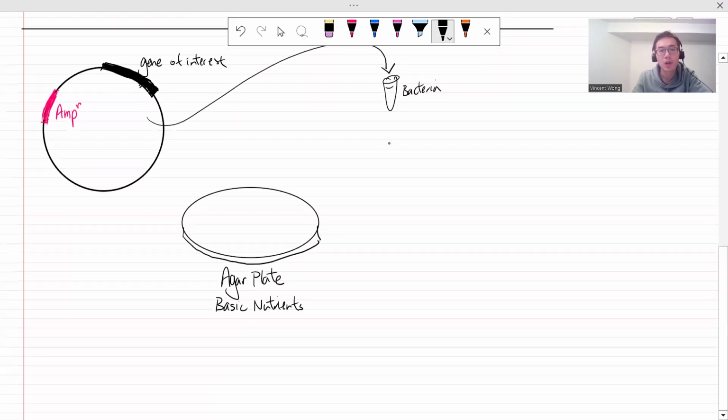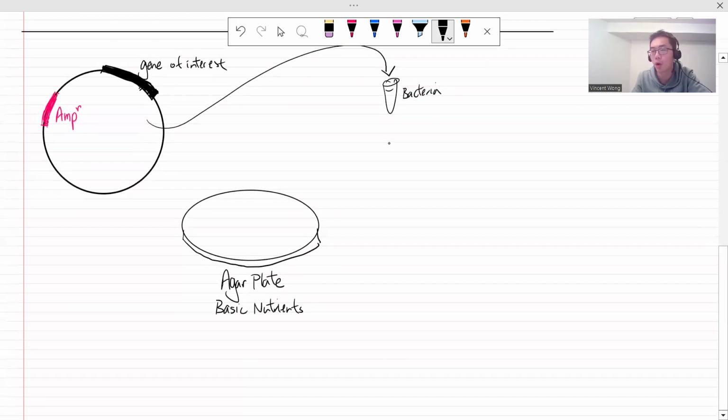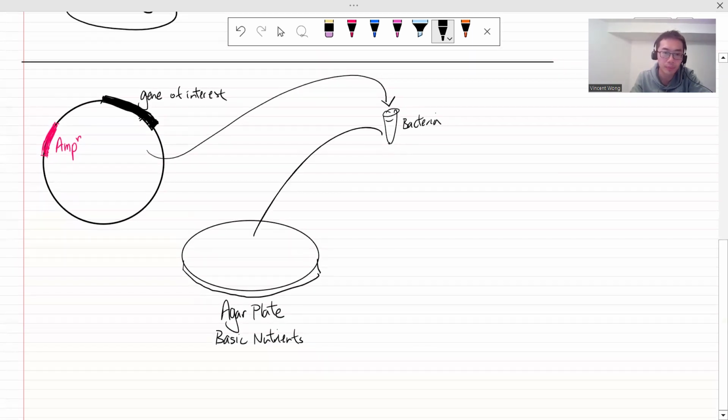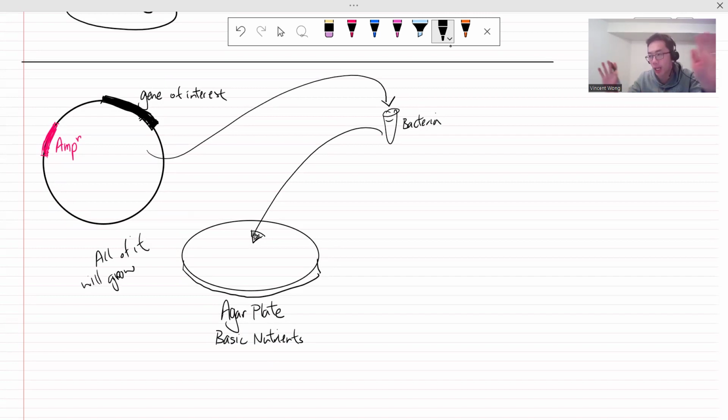Okay. So do you expect the bacteria to grow or not grow? Yes. Yeah, they will grow, right? So all of it will grow, regardless of whether they have taken up the plasmid or not.